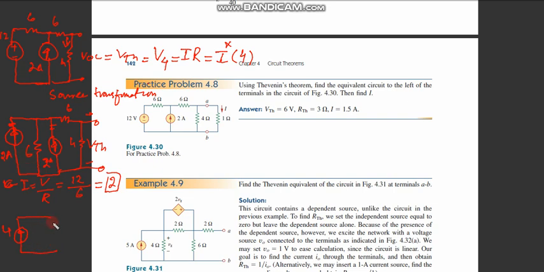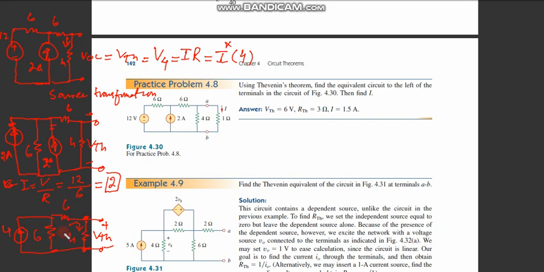So I can redraw the current source. Then I had the 6 ohm resistor, again a 6 ohm resistor, and the 4 ohm resistor over here, and this is plus minus VThevenin, the voltage across here, and I'm interested in finding the current over here.